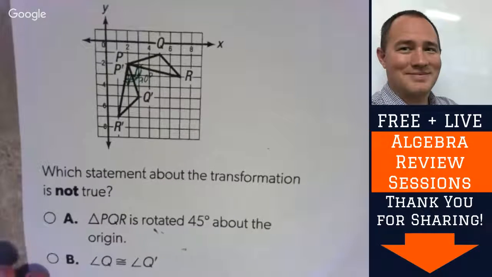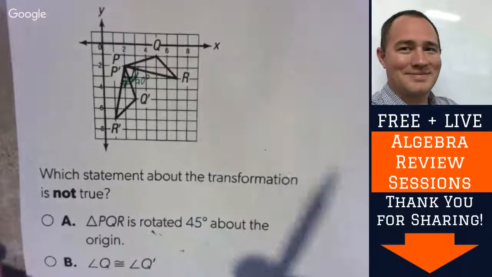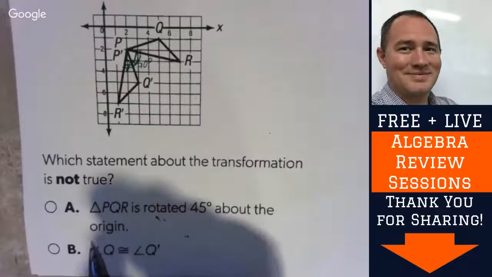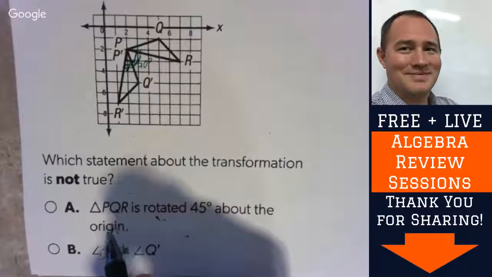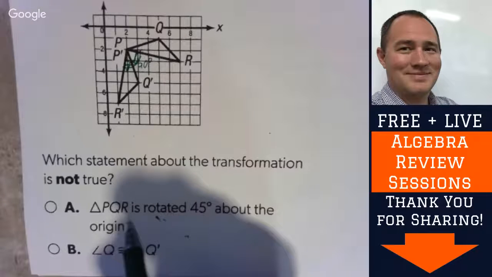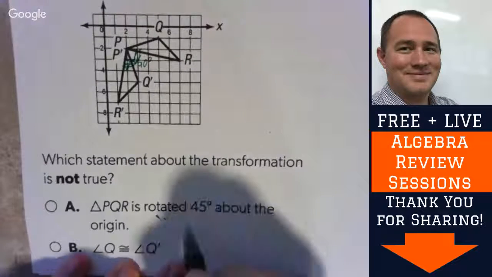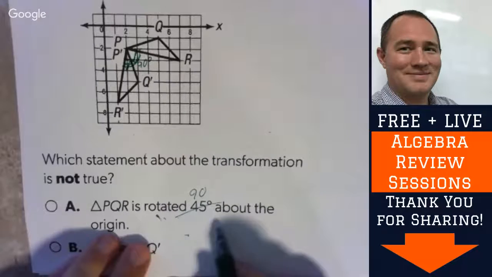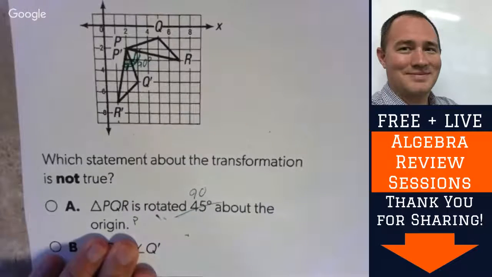So it wants to know which statement about the transformation is not true. So let's go through these and say which is true or false. PQR is rotated 45 degrees about the origin. Well, it was 90, not 45, and it was about point P, not the origin.